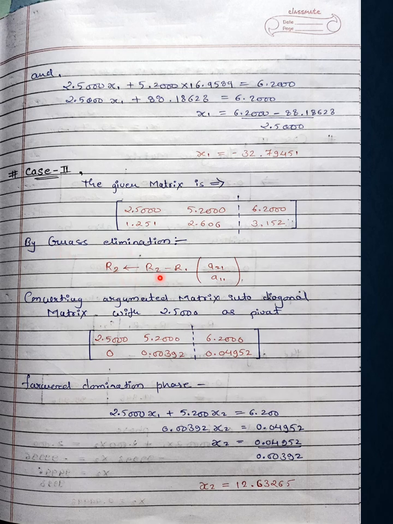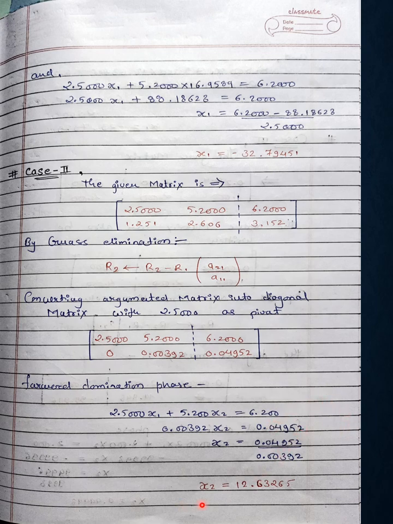Now the case 2, the given matrix is here, and by the Gauss elimination method, we are applying the operation on R2: R2 minus R1 into A21 divided by A11, converting the augmented matrix into a diagonal matrix with 2.5000 as pivot. You see the matrix here, and the forward elimination phase: 2.5000x1 plus 5.200x2 equals 6.2000.